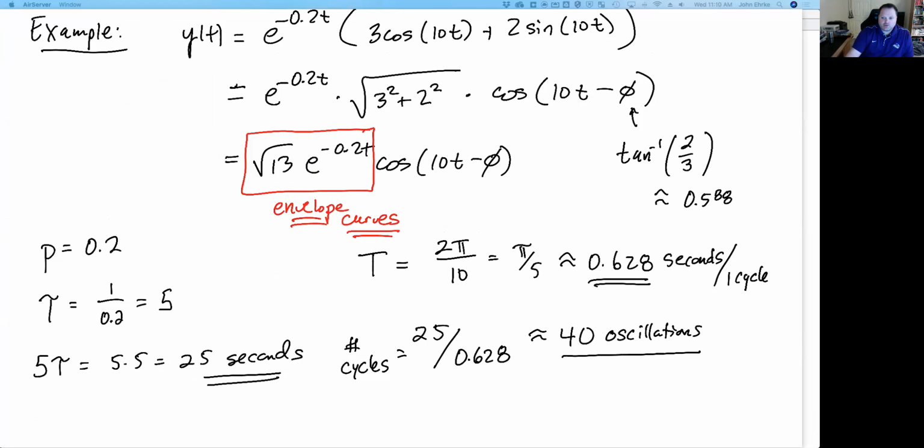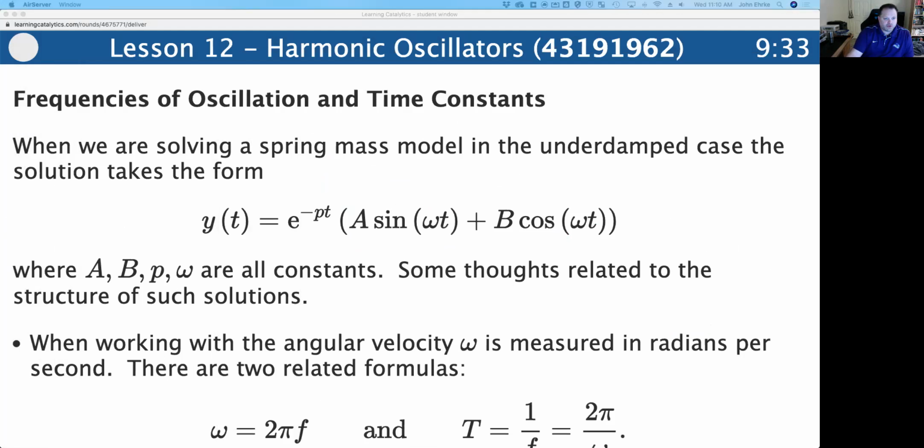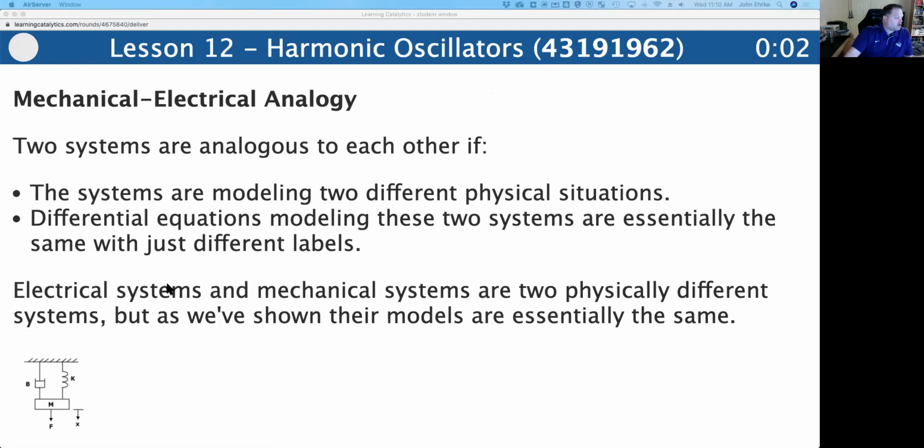All right, the last thing that I want to talk about today is kind of an analogy between two models that we've seen so far in the course. And this analogy will play out over time to be more important as we go on. But for right now, I just want to address what it's called and kind of what we've seen so far. It's something called the mechanical electrical analogy.